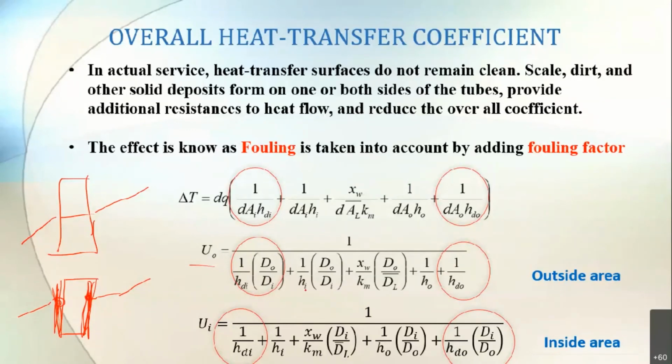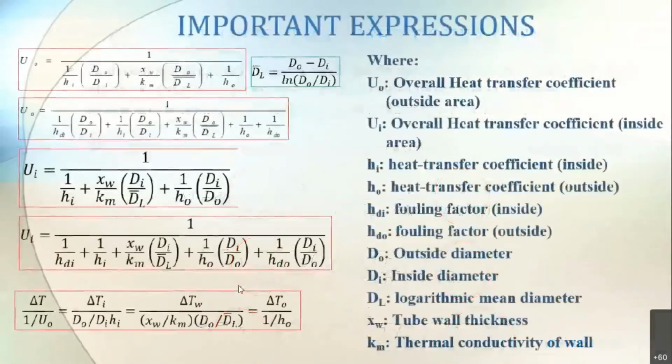You will have hdi and hdo, fouling on the inside and outside. Depending on your question, whether it is asking you to find the value of Uo or Ui, you have to use the appropriate equations. Okay, so that is for this one. These are the important expressions that you have to understand.